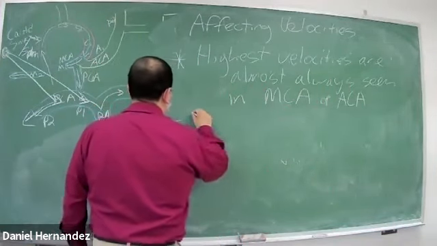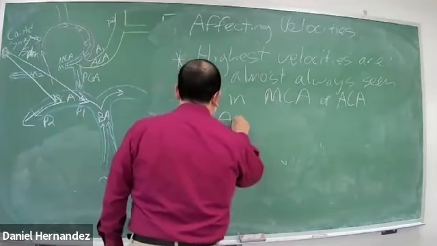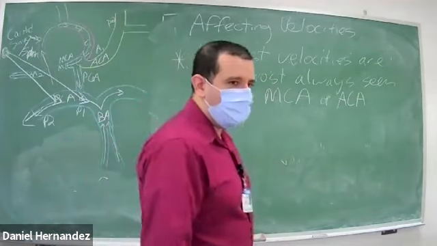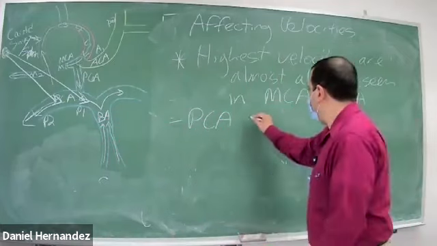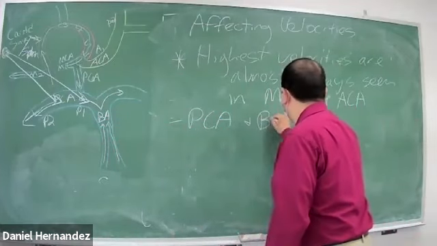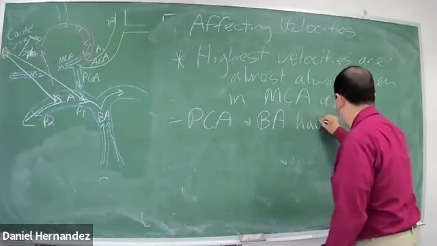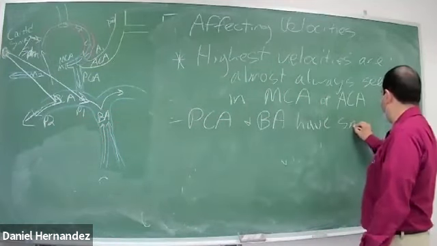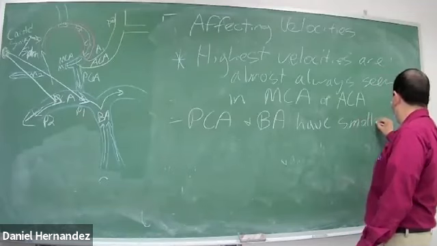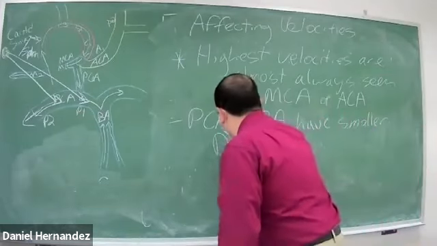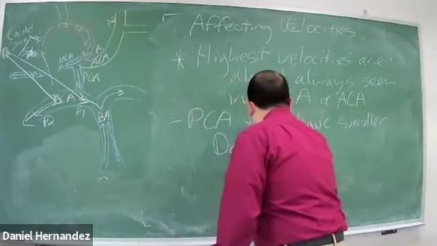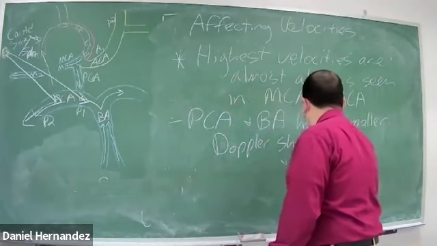So posterior cerebral artery and basilar artery: smaller Doppler shifts.